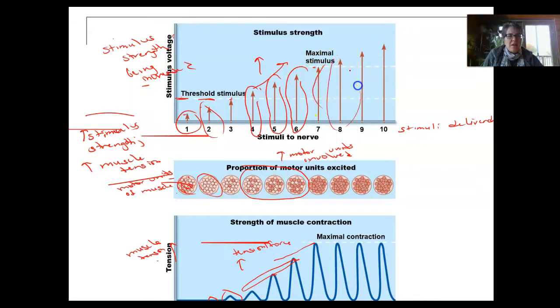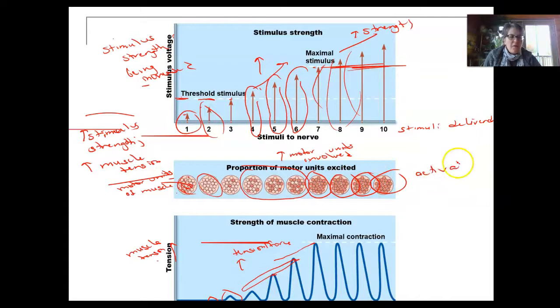Now, 7, 8, 9, and 10 are still increasing strength of the stimulus. But there's something called a maximum level, and they're increasing, but it's still above maximum. If you see 7, 8, 9, and 10, I've activated all of the motor units in the muscle.